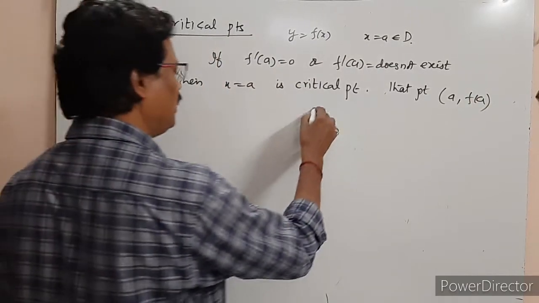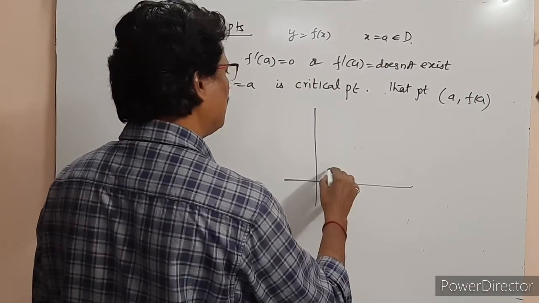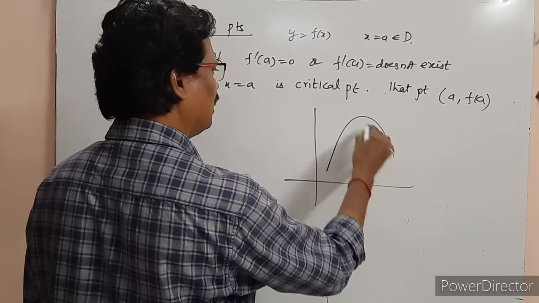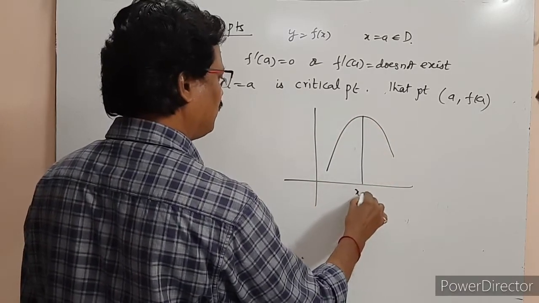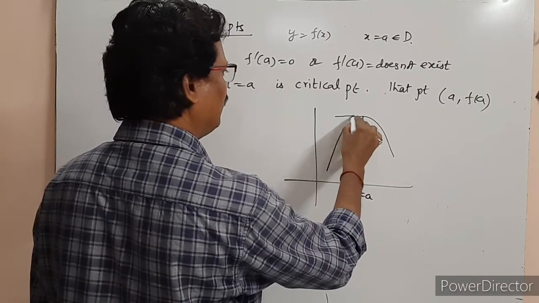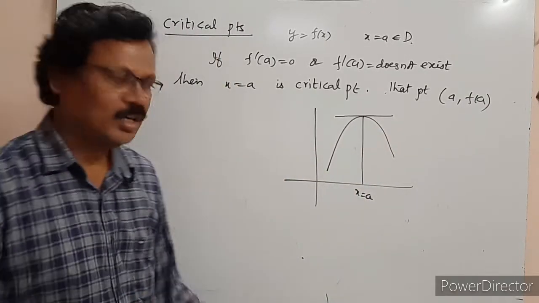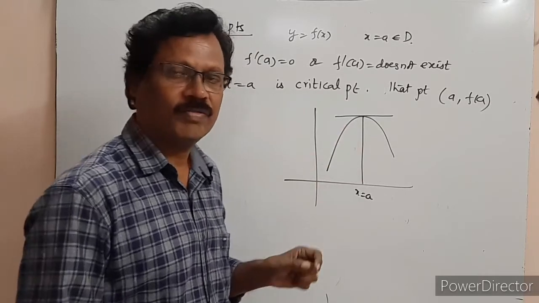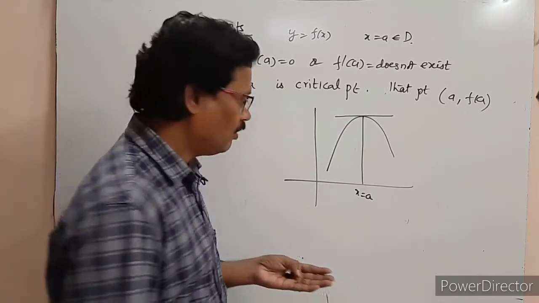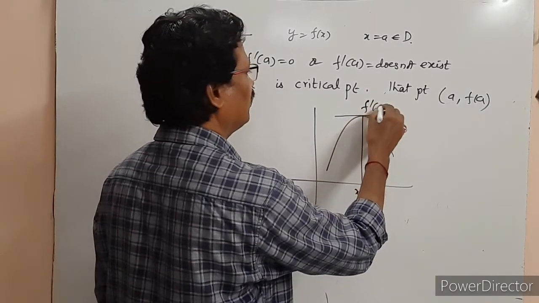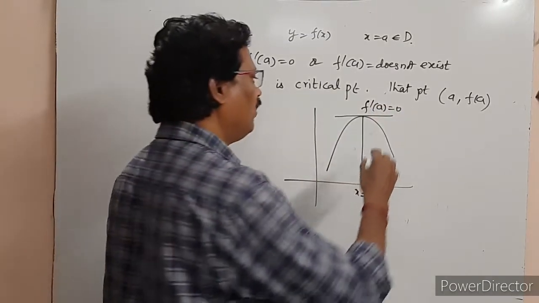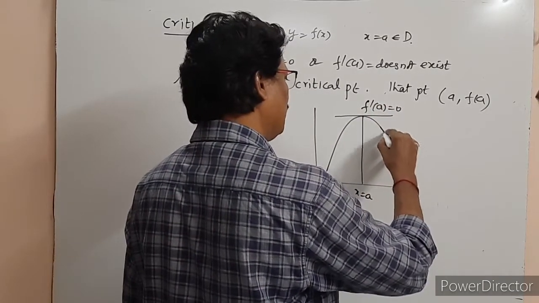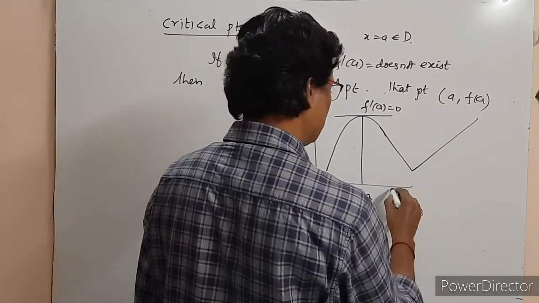For example, if you see this one, the graph is going upward like this. Right here, this is x equal to a. Here, what is f dash a? Now, at this point, what is the tangent line? Horizontal. Therefore, its slope is 0. F dash is the slope. The graph is going like this and again moving like this.